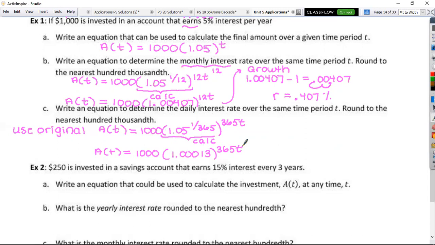So again, for this next part, this is entirely up to you. Would you guys agree it's still growth? Would I do the same stuff as here? I would. So you can show it or not. It's up to you. I guess I'll do it maybe one more time. So in my mind, I'm thinking this is growth. So therefore, I take my decimal and subtract 1 from it.